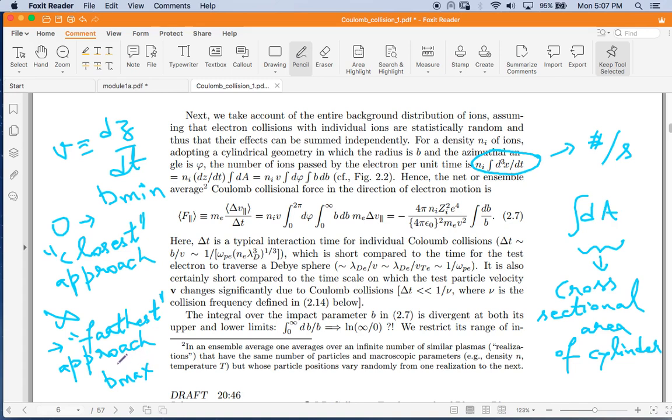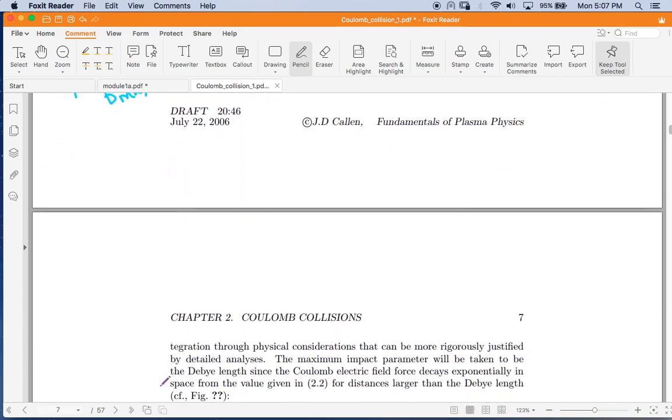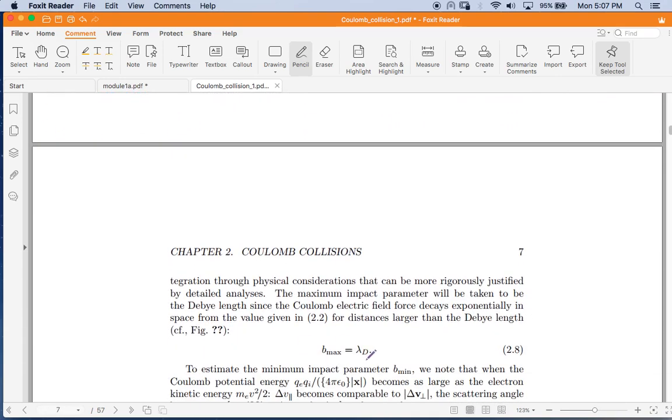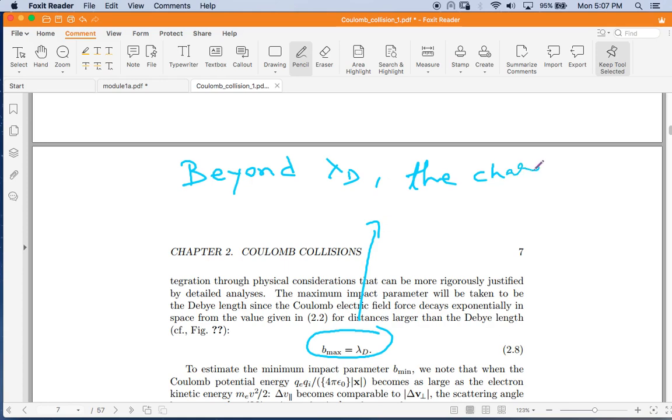What would be a reasonable thing for this B max? Well, the Debye sphere, the Debye length, right? So the B max is the Debye length, because we know that beyond lambda D, the charge is screened.